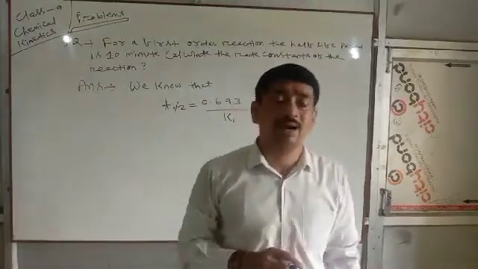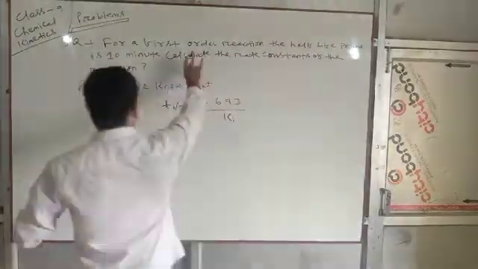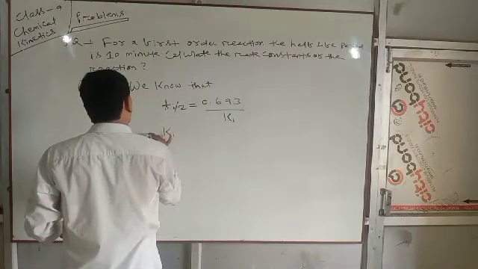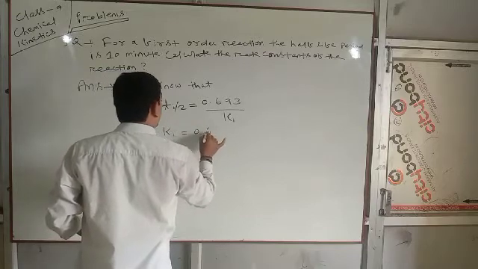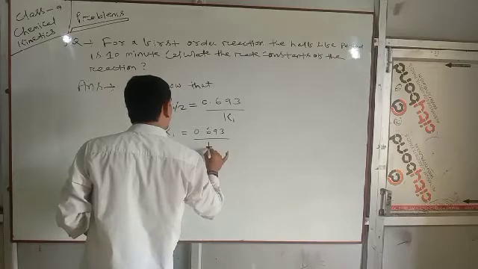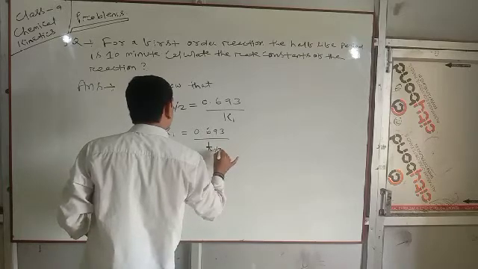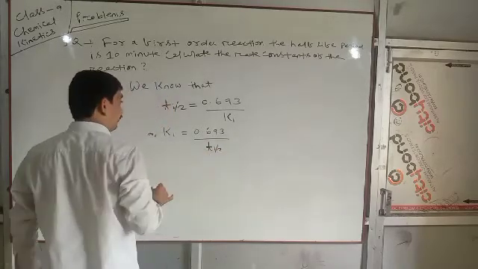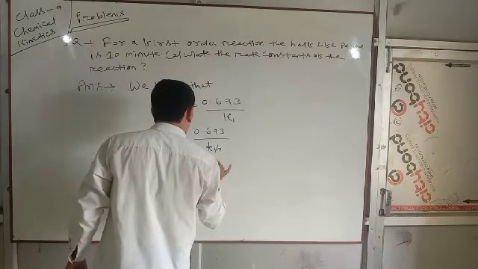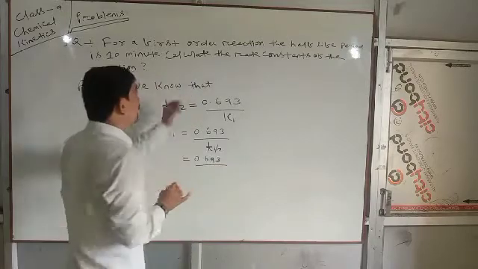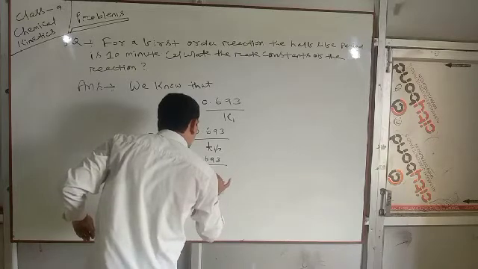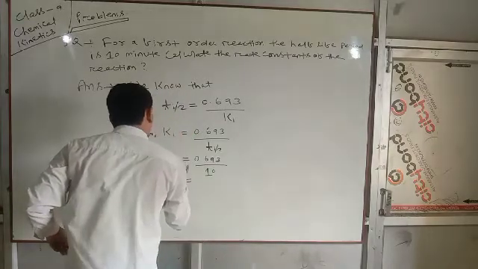Look at rate constant, so K1 equal to 0.693 by t half. t half is 10 minutes.